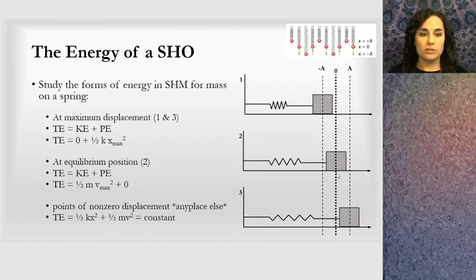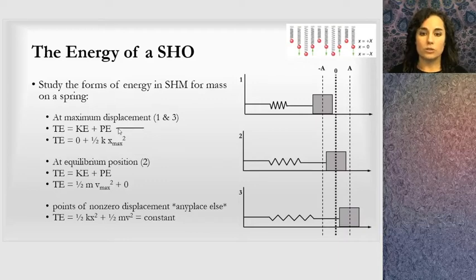So this mass goes back and forth, and when I think about total energy, I can look at a maximum displacement. So in situation 1, I'm at negative amplitude, or in situation 3, I'm at positive amplitude. When I look at both of those, the mass has come to a stop at that point. It's not going any further in that direction. It comes to a momentary, instantaneous stop, and then it turns around and goes back again.